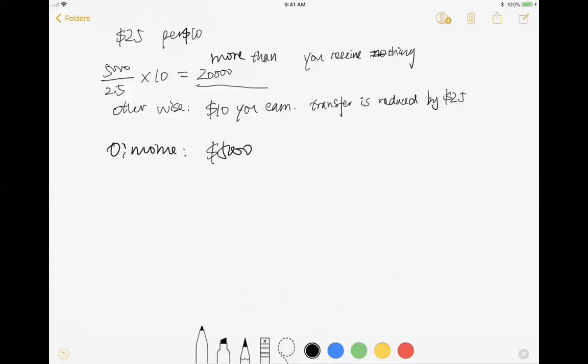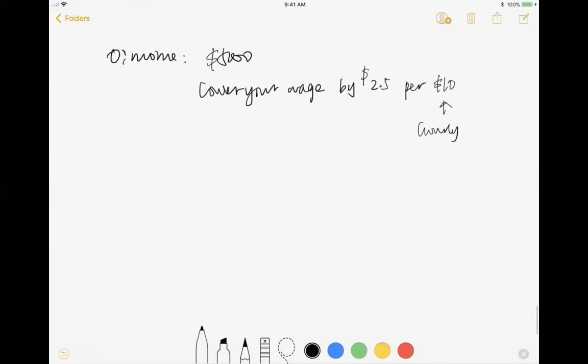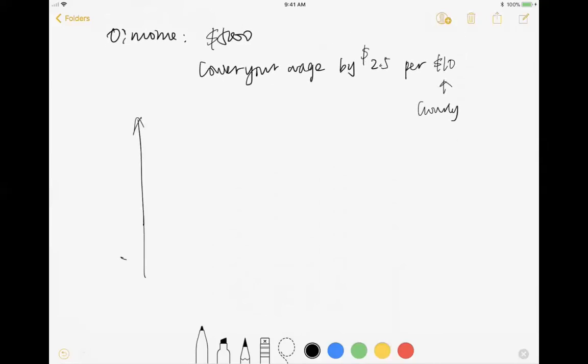So it's like a direct money transfer, but then the government lowers your wage by $2.5 per $10. So this is your hourly wage, right? So each additional hour you earn, the government directly takes $2.5 from you, because you start at a very high point of $5,000. So what does this look like? This is the original.